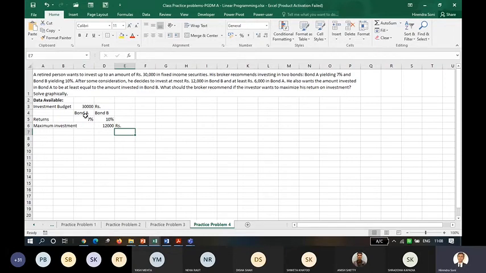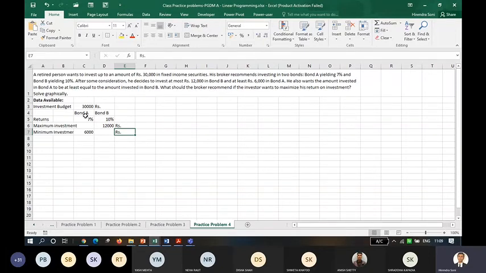And at least 6,000 in bond A. So minimum investment, it says 6,000 rupees in bond A. What should the broker recommend?